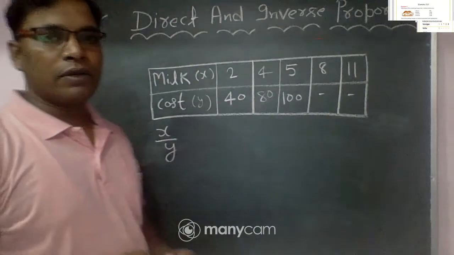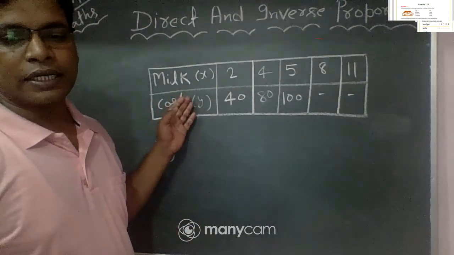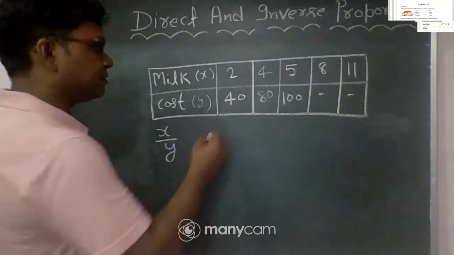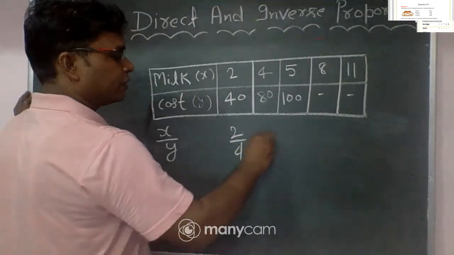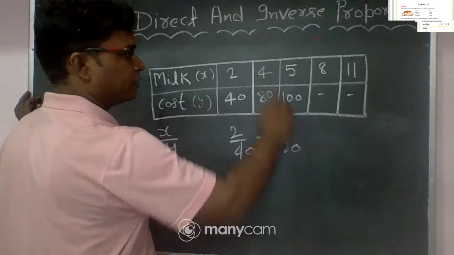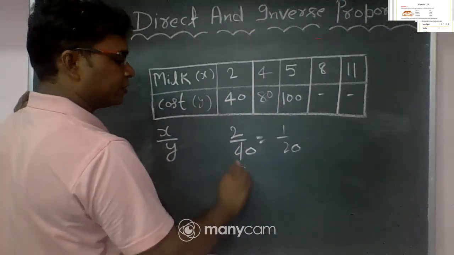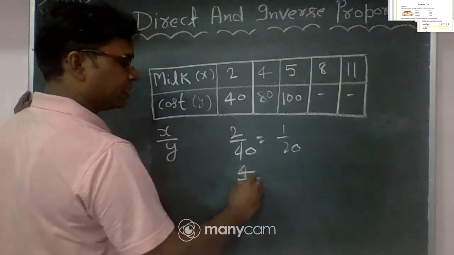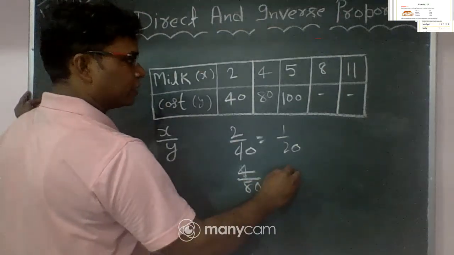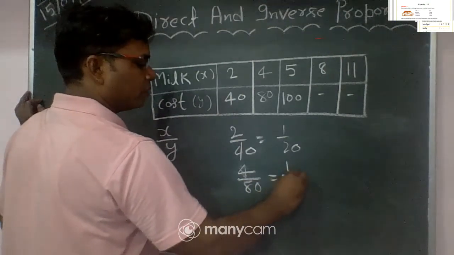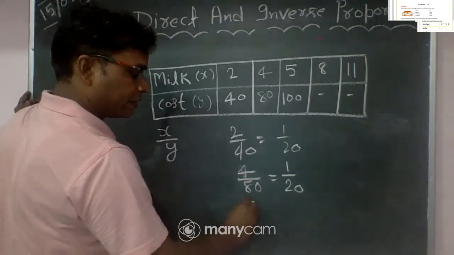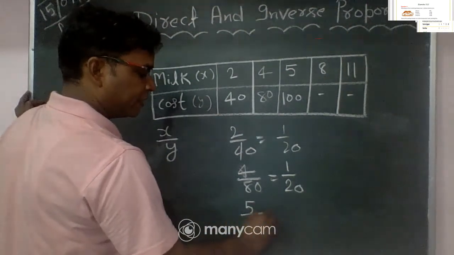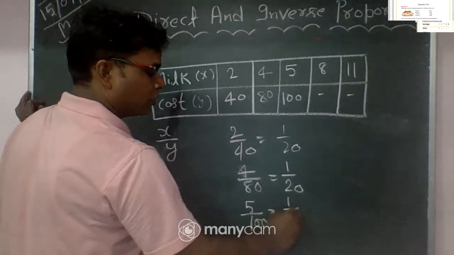In each case, 2 by 40 is 1 by 20, 4 by 80 is also equal to 1 by 20, 5 by 100 is also equal to 1 by 20.